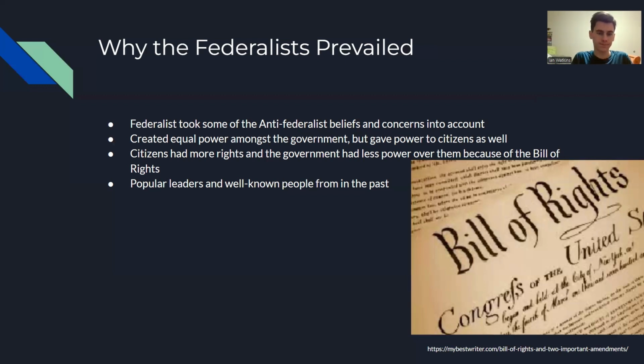So you kind of had half and half. They created a more equal power amongst the government, but they also gave power to the citizens as well. The Federalists eventually gave more rights to the citizens, and the government had less power over them because of the Bill of Rights. That was a big one too.